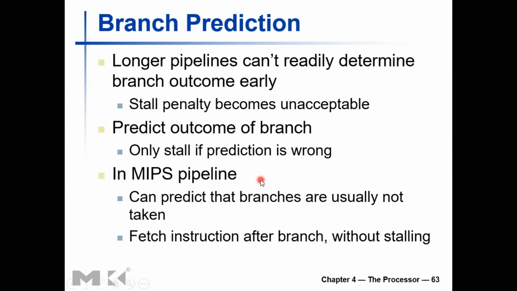In the MIPS pipeline, what we can do very simply is have a prediction saying that any branch will not be taken, regardless of the two values in the branch instruction.